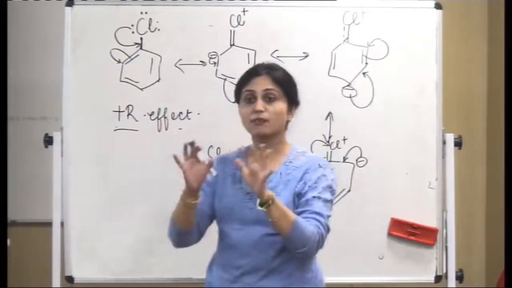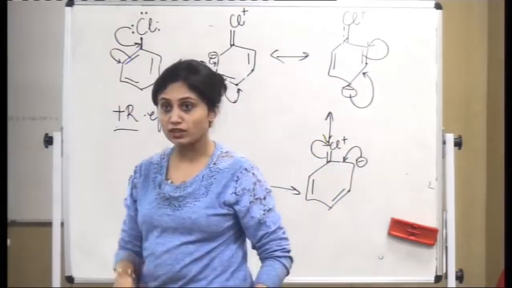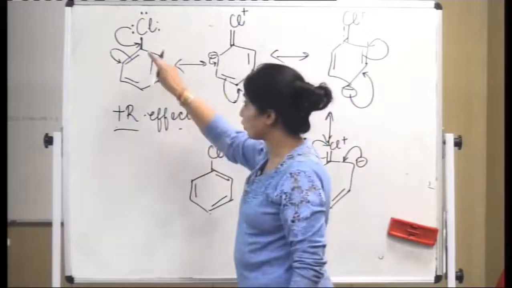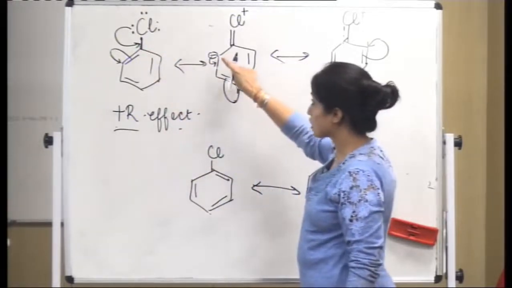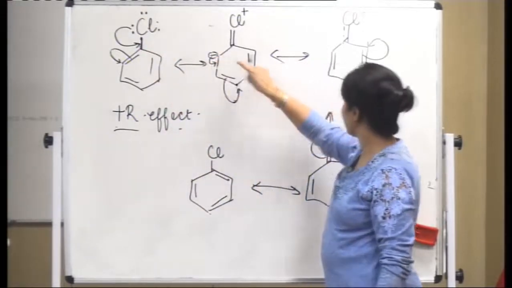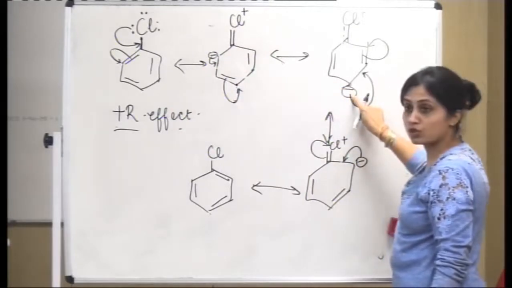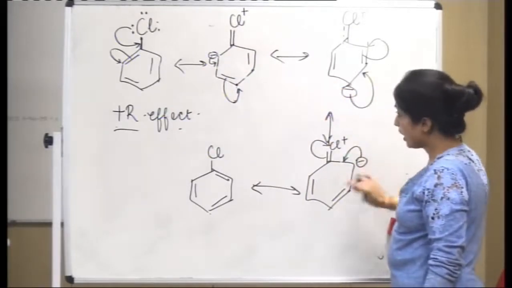Generally, in all the cases of groups that show plus R effect, note that you are getting a negative charge at the ortho position and the para position. Again here it's ortho, that's it.